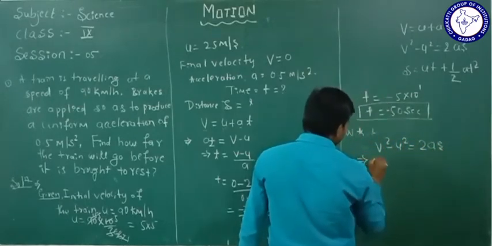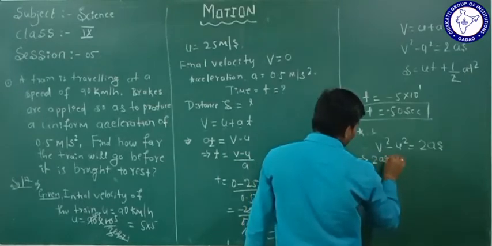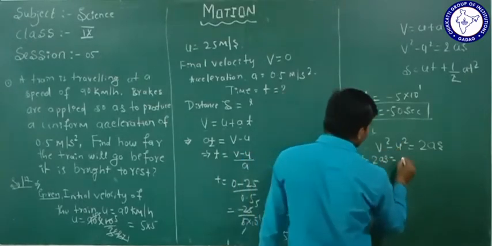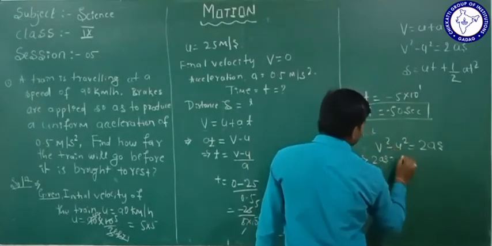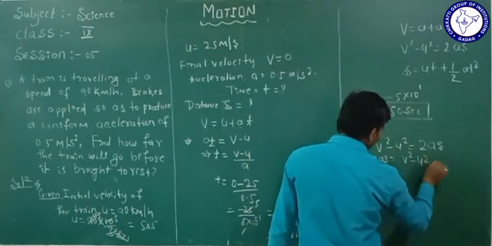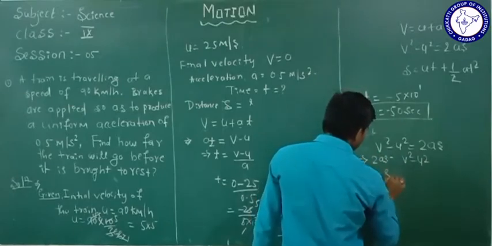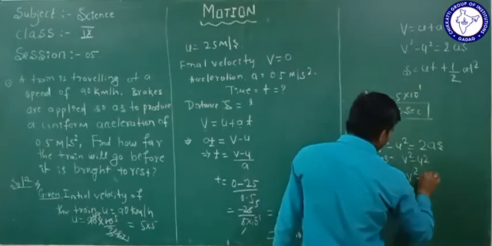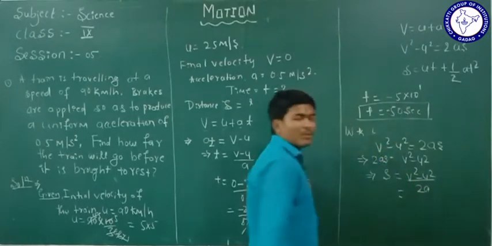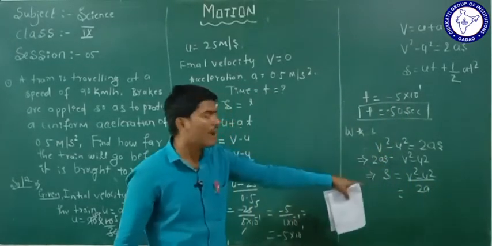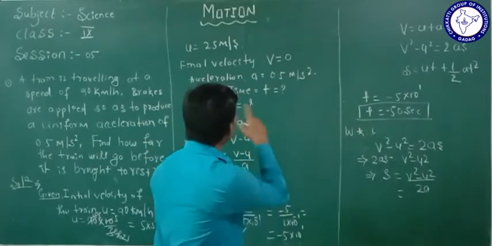It implies 2as is equal to v square minus u square, and s is equal to v square minus u square divided by 2a. Now you have to put the values of v, u and a here. You already know v, u and a.